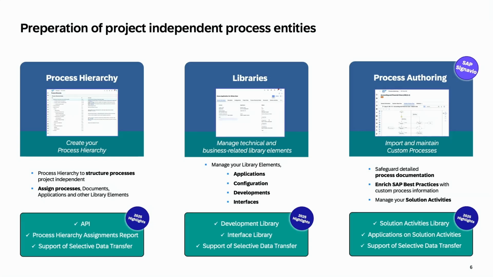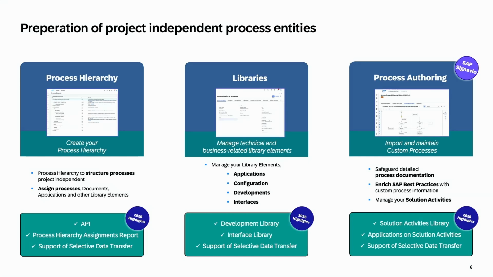Here we have the process hierarchy app to structure all your different entities in the project-independent process hierarchy. As some release highlights, we have released this year the selective data transfer. So if you're a Solution Manager customer, you now can move your process hierarchy into Cloud ALM by using the selective data transfer. But we are also offering now a specific API for the process hierarchy.